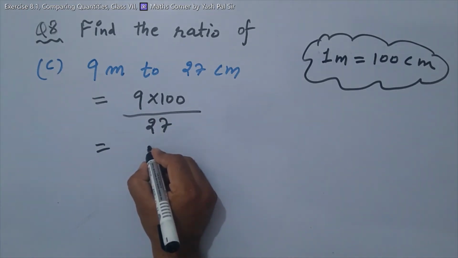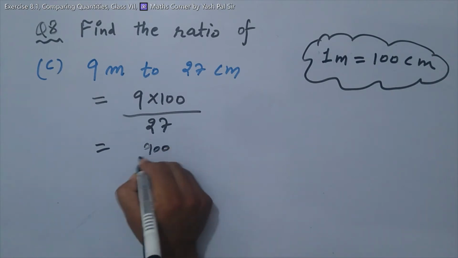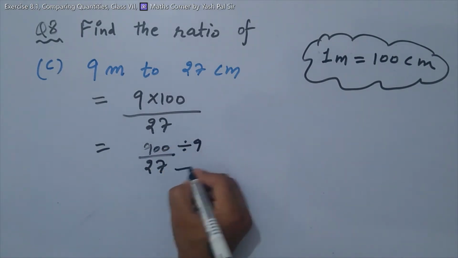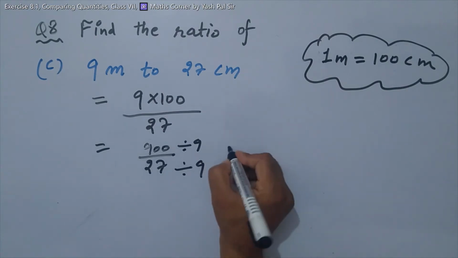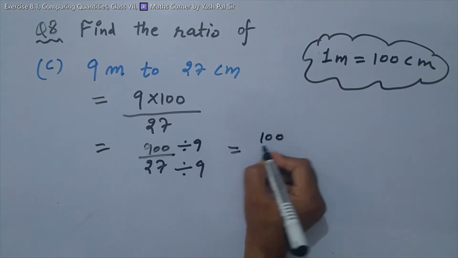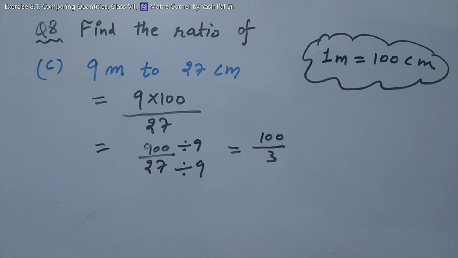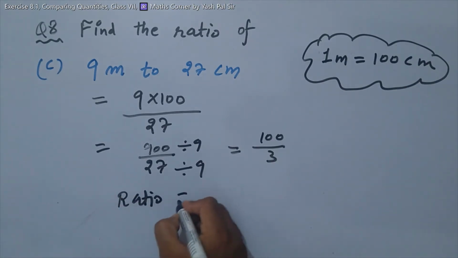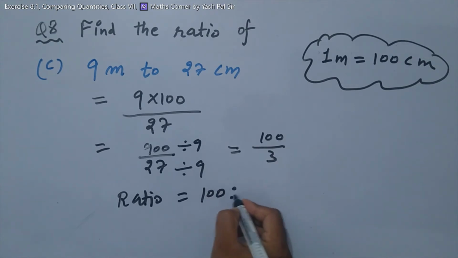So this becomes 900 divided by 27, dividing by 9 and dividing by 9, we have 100 divided by 3. So the ratio is 100 ratio 3, which is the required ratio.